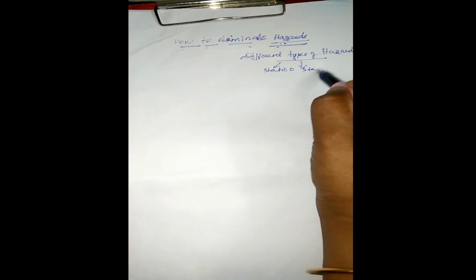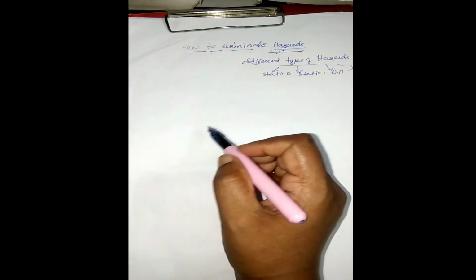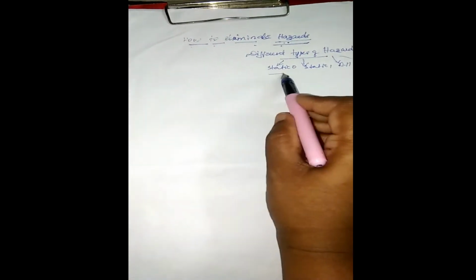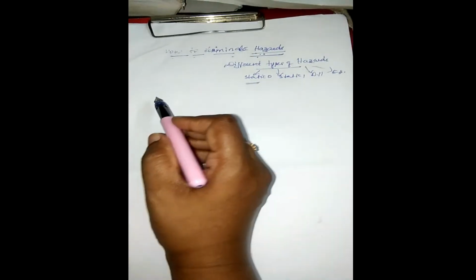We studied static zero hazard, static one hazard, dynamic hazard and essential hazard, and we also saw how hazards can be eliminated, correct? So let us take a small example and I'll explain how to overcome the hazard.